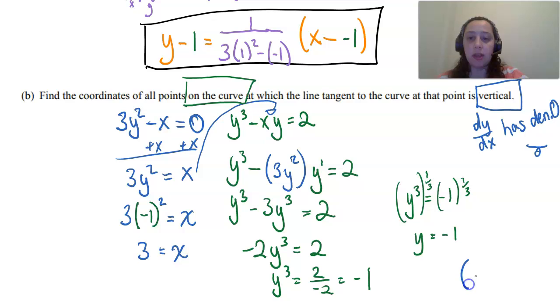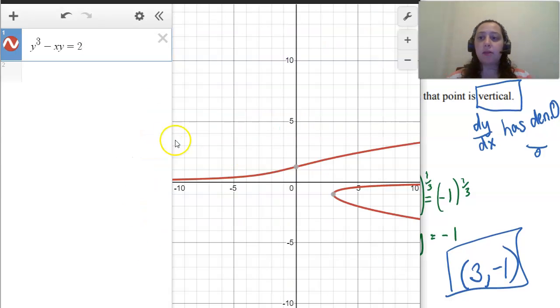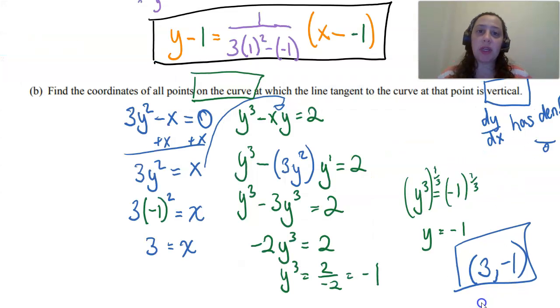So my final answer is (3, -1). So at (3, -1), there's a vertical tangent line to the graph. And if I graph this function, I can see right here at (3, -1), there is indeed a vertical tangent line.